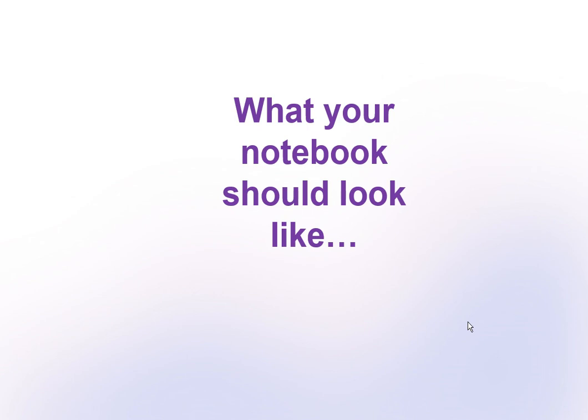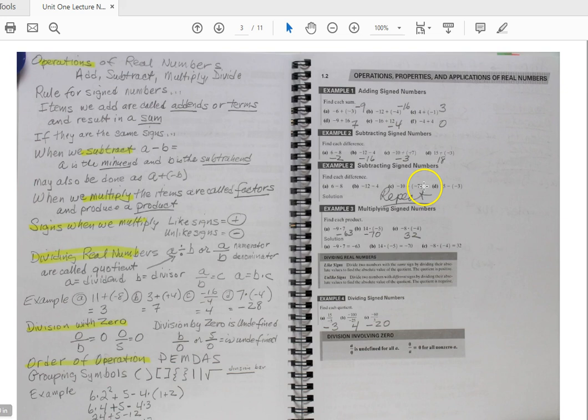Now, I'd like to show you what your notebooks would look like, and we'll go through a few pages of it, even though you won't have it for the first lesson. Generally, on the left side of the notebook is a blank page, and that's where normally you would put the notes.